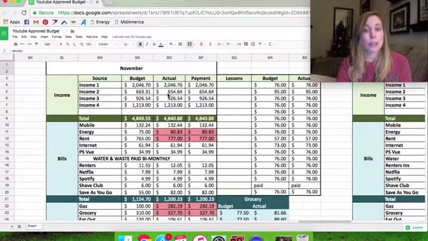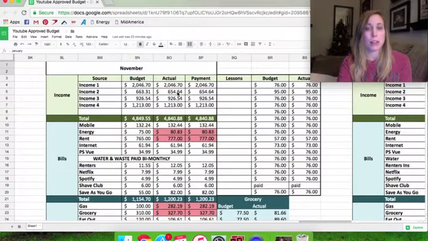He was actually paid $654.64, so it's actually come in under budget. But we were kind of expecting it. It can fluctuate depending on our health insurance and just taxes and different things. And then you can see the payment does match.